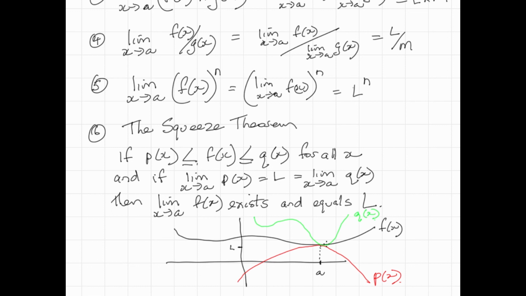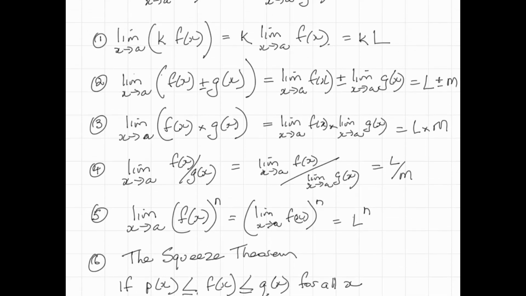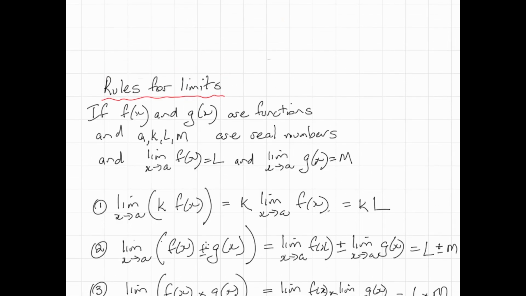The limits must both be the same value. Then, because f of x, if you like, is squeezed in between the two, it must approach the same value. So there's 6 rules that we should remember: squeeze theorem, power, quotient, product, sum or difference, and constant multiple.